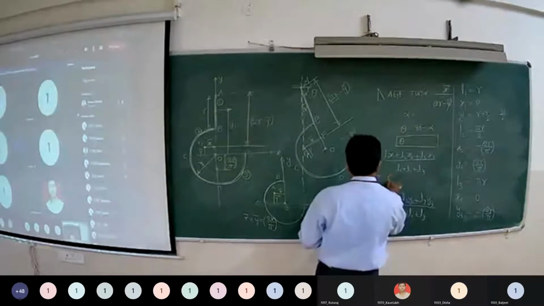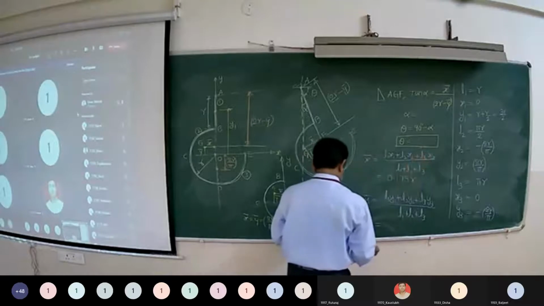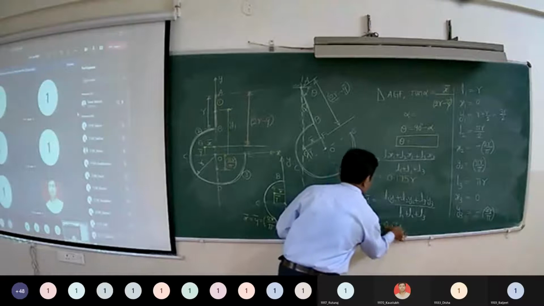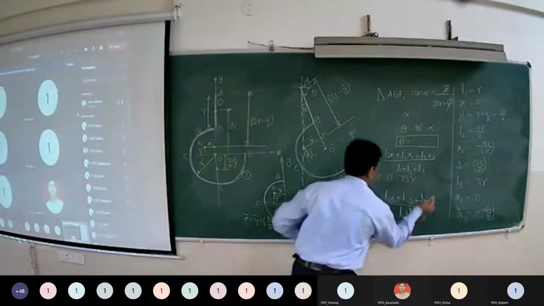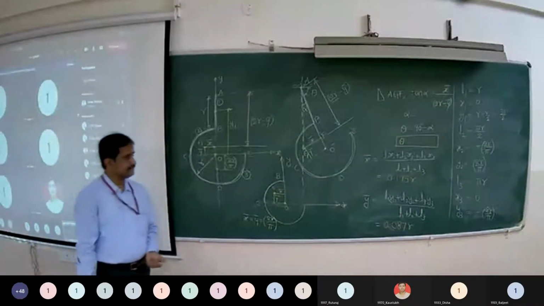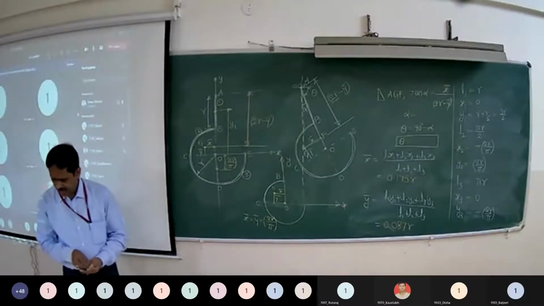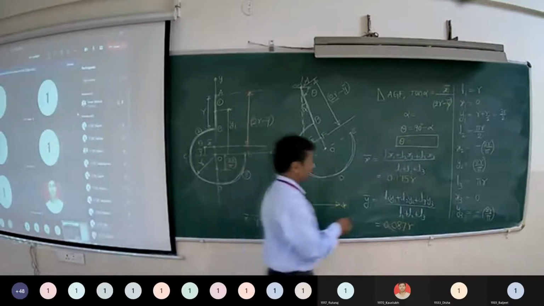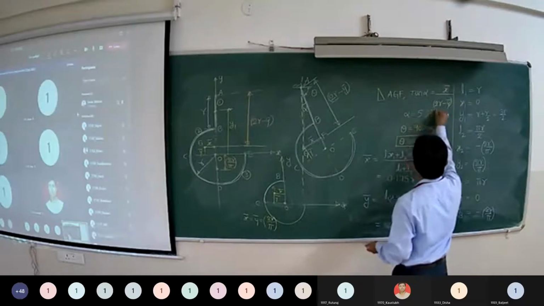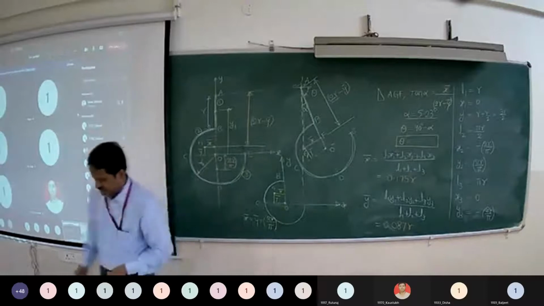Okay. So here x bar I have got 0.175 R and y bar is 0.087 R. Then I have alpha as 5.23 and theta 84.77.